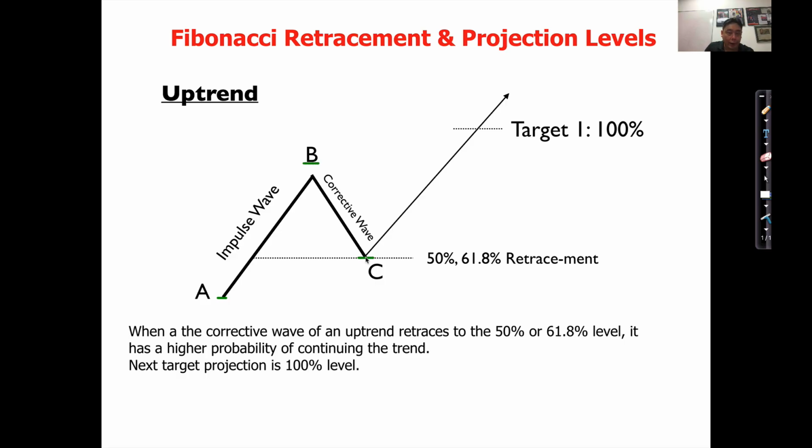It will stop going down and it will start going up again, creating the next new impulsive wave. Now, as a trader, do we want to know where C is? Of course, we want to know where C is because C tells us that it has finished going down and it's time to go up again. So we want to buy the stock, or enter a long trade, just as it starts its new impulsive wave. Does it make sense?